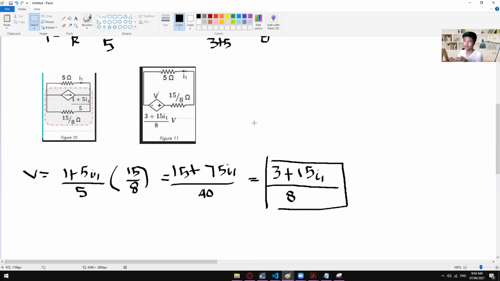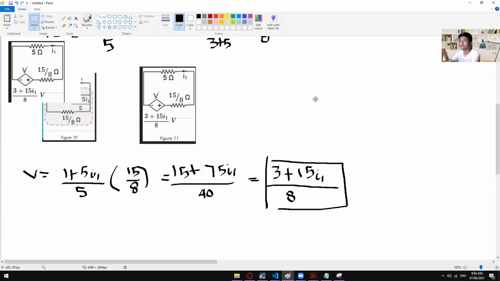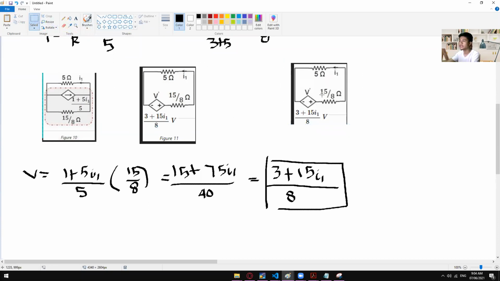So of course, you have to be wise about which theorem you're going to use. Okay, so in here we will get... let me just copy this one. And I will eliminate this one and then short this one.